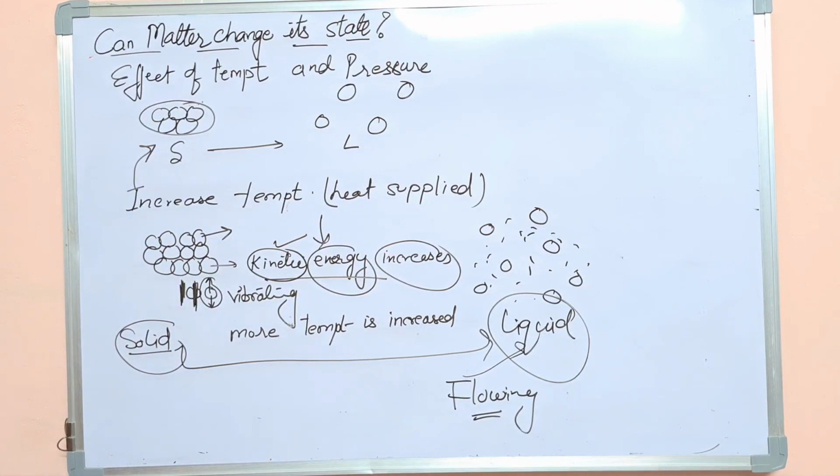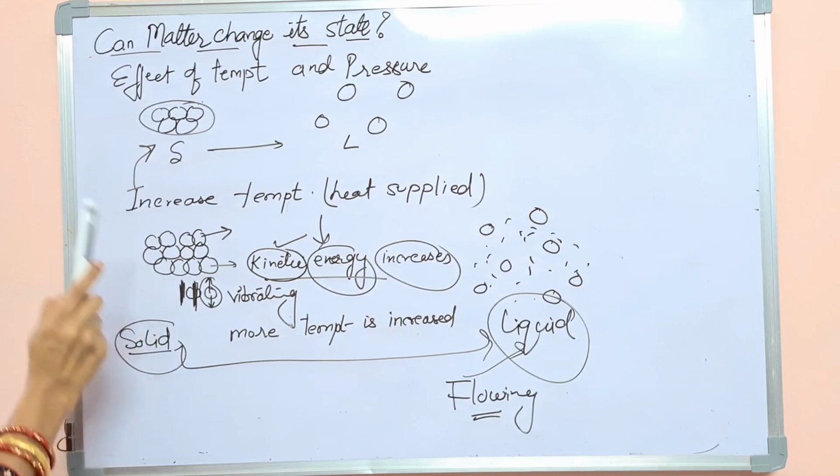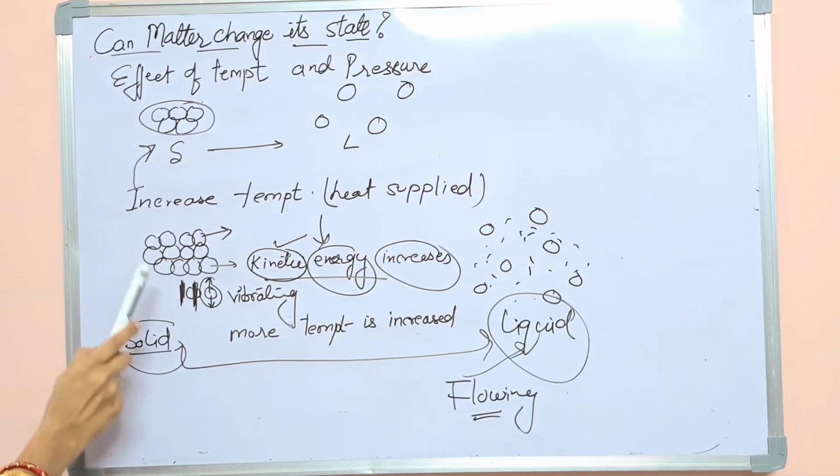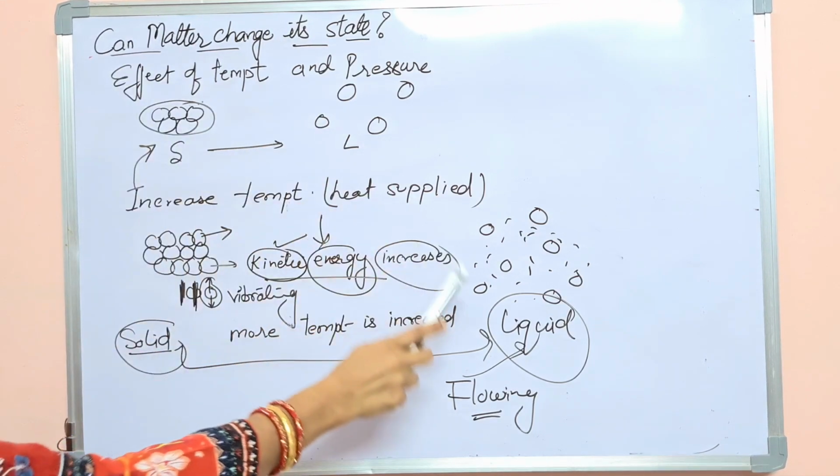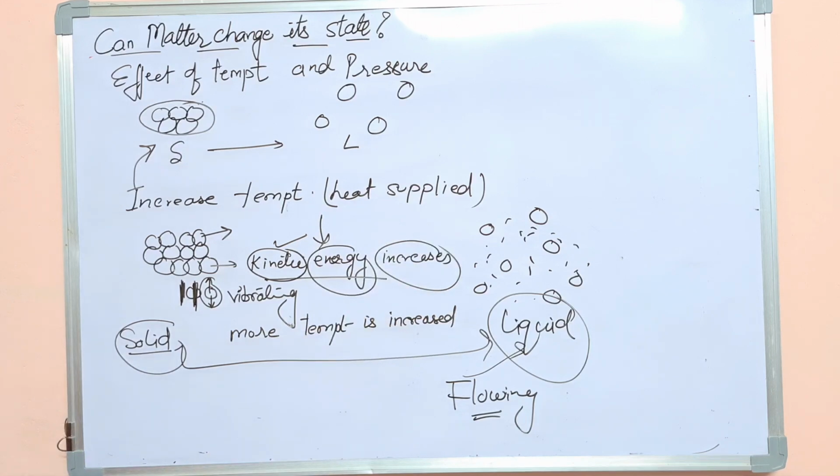So when they are away from each other, मतलब जो पहले इनके बीच में जो force of attraction था, उस force of attraction को उन्होंने तोड़ दिया, and now they are free from each other's force of attraction and they are apart from each other. So we can see in solid state, force of attraction is more in between the particles as compared to the force of attraction in between the particles in case of liquid state.